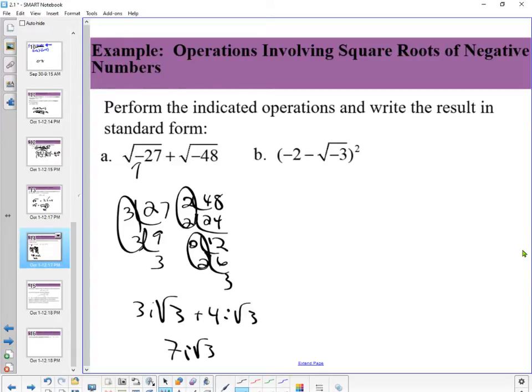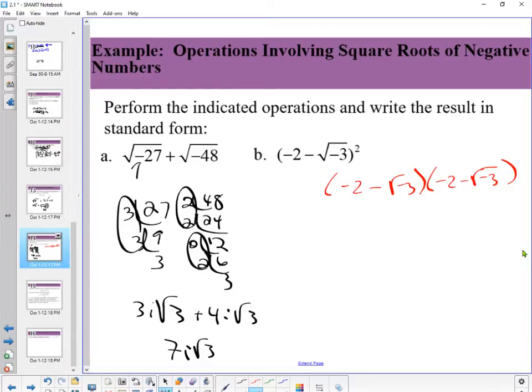On the second one, some people are struggling here. This is just your distributive property. So here's what we're going to do. Let's fix this radical 3. Actually, we don't have to. You guys want to leave it the way it is?